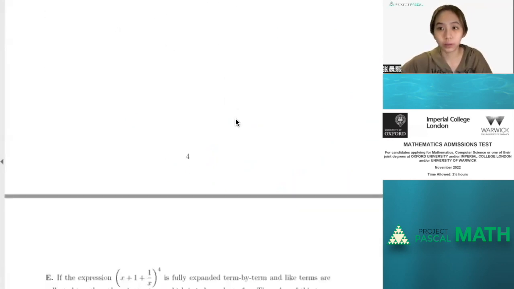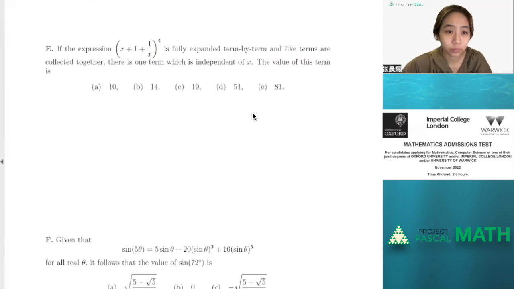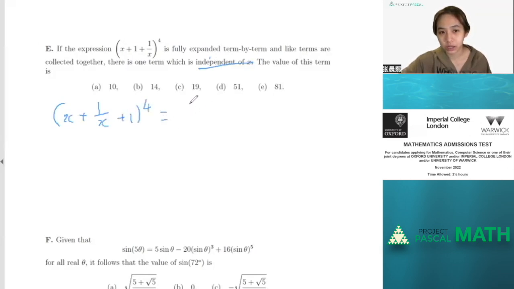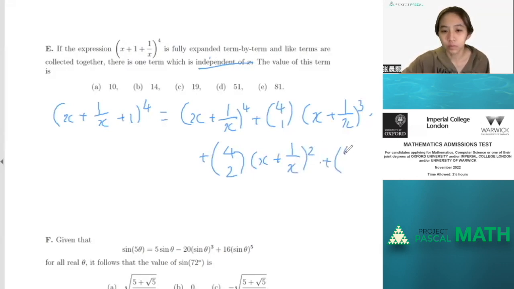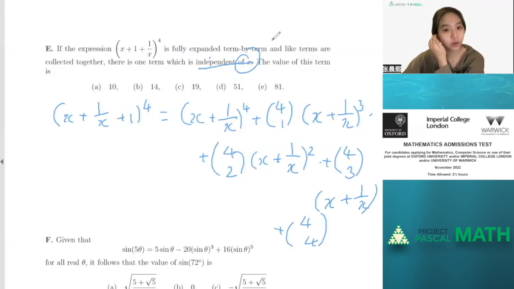Okay, moving on. Well, you can break it up into binomial terms in this form, whereby it's x plus whatever, x to the power 4 plus 4C1 x plus whatever, x to the power 3 plus 4C2, 4C3 x plus 1 plus x plus 4C4. And for the other terms, the coefficient of x equals 0, and you know that for the odd terms it will always have an odd coefficient, so it can't be 0.